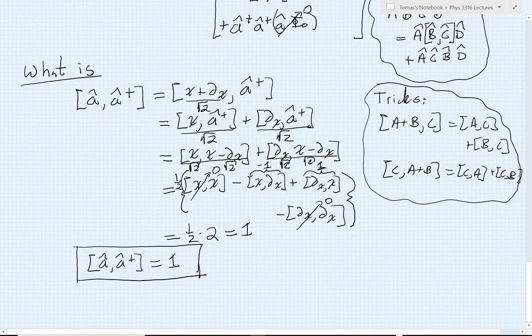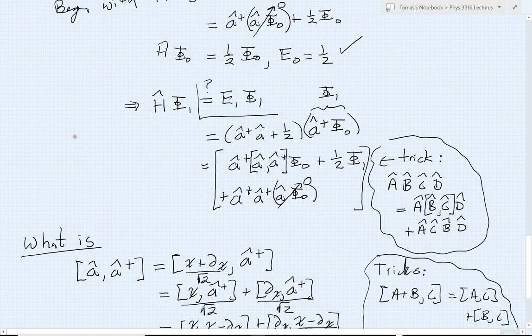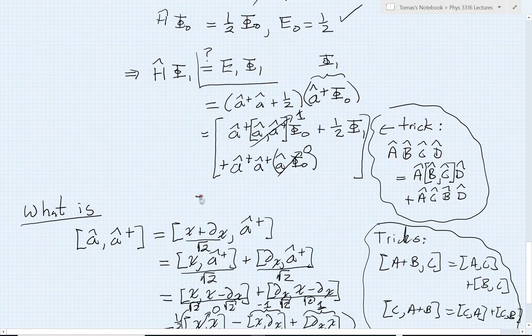And this now takes me all the way back to our original calculation, which was where we were applying the Hamiltonian to phi 1. And what we learned from this is that this commutator is just the identity, I, and now we have a very interesting result, because this just gives me a hat dagger phi naught, which is just phi 1, plus 1/2 of phi 1.